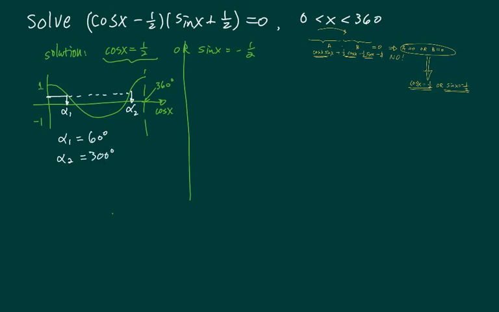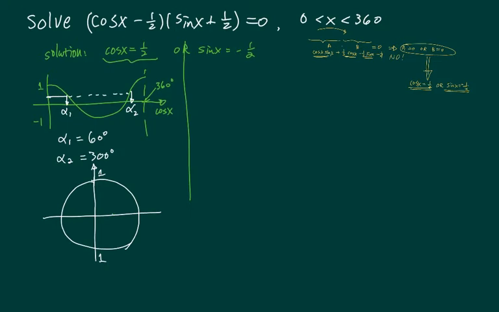Alternatively, you can solve using a unit circle, which I actually prefer when it comes to cosine and sine, for the simple reason that in a unit circle the hypotenuse is equal to 1. Since cosine is adjacent over the radius, here's our half. Drawing it over here, I see the angle right away.